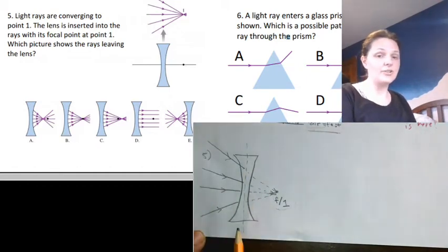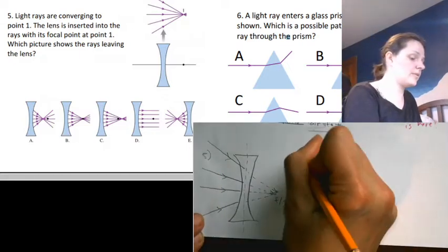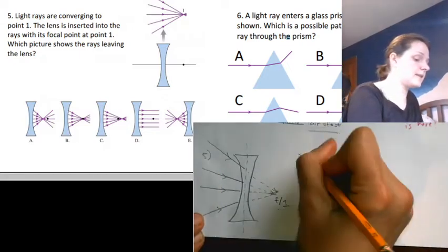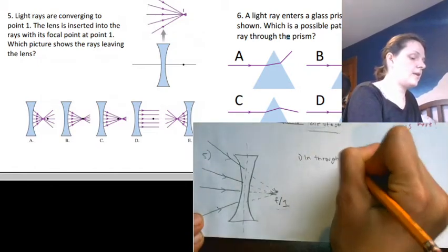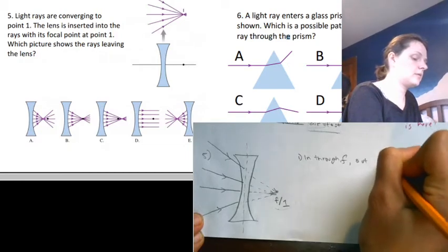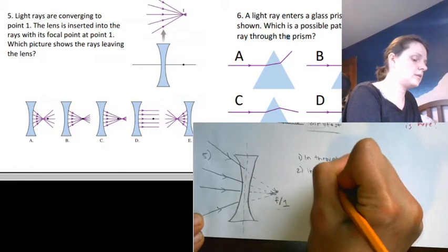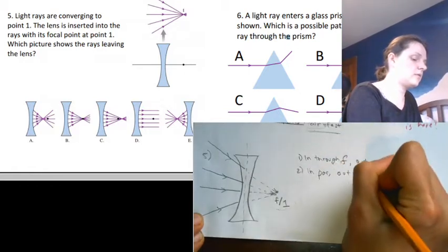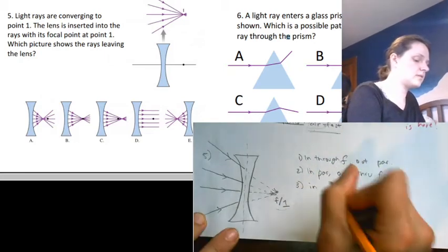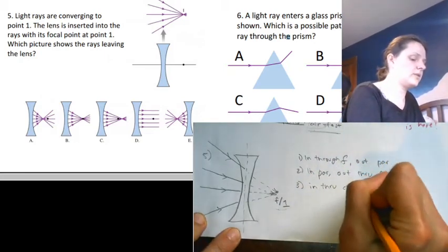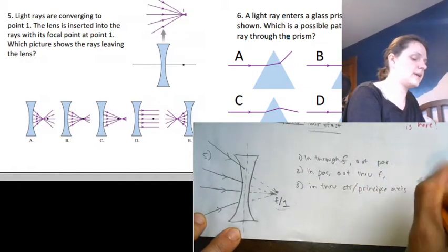For a diverging lens like this, we have these 3 rays. There are 3 rules for drawing ray diagrams: ray 1 is in through F, out parallel. Ray 2 is in parallel, out through F. And ray 3 is in through center, principal axis, doesn't bend.